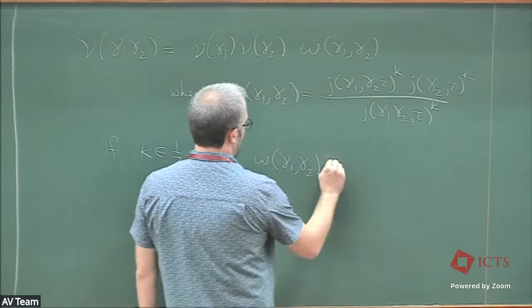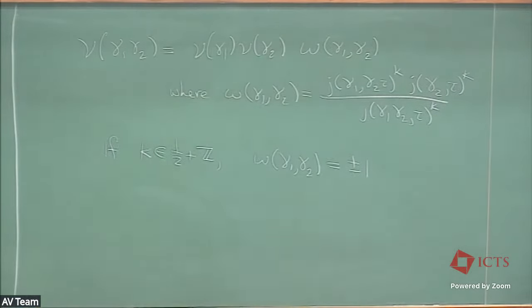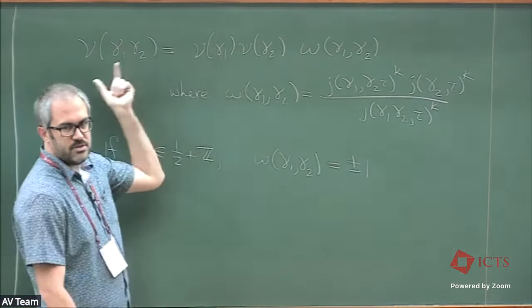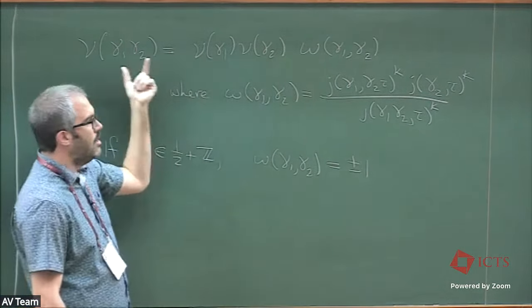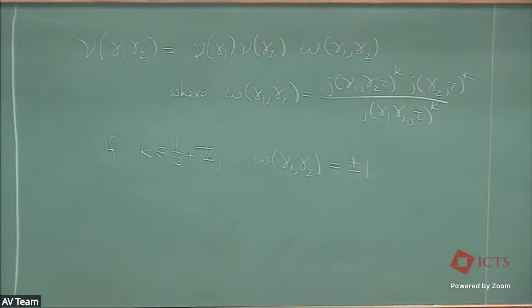And so this must be plus or minus 1. Basically this is just measuring the differences between the choices of the branch of the square root function. So you can think of nu as almost a homomorphism of this group gamma, but it's not quite, because it'll be off by maybe a minus sign when you try to factor.